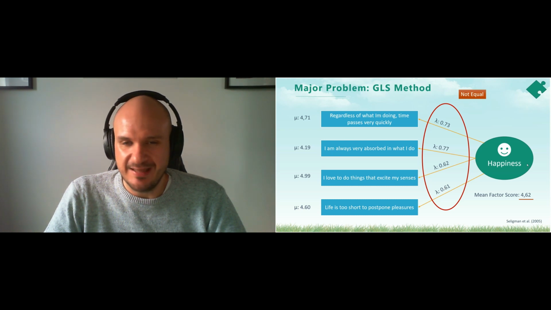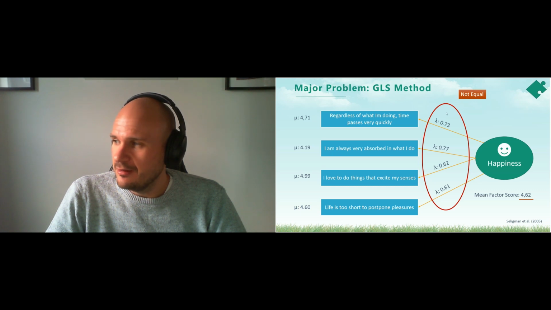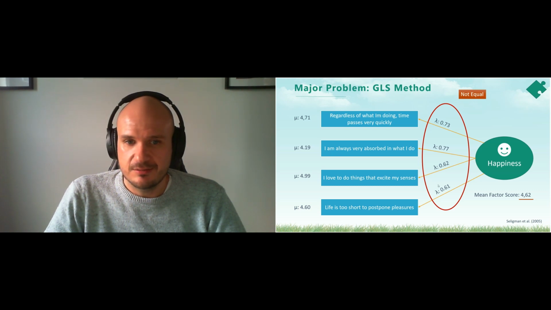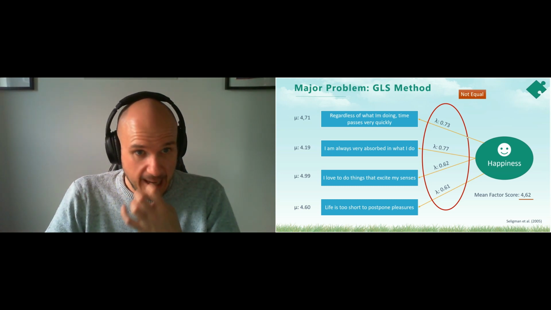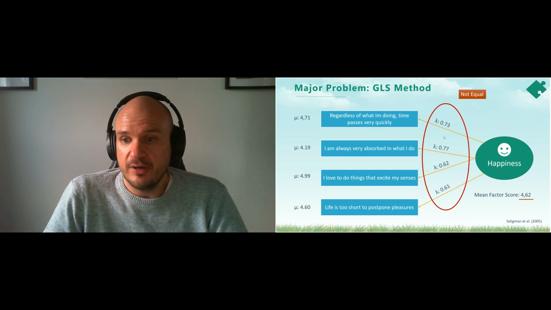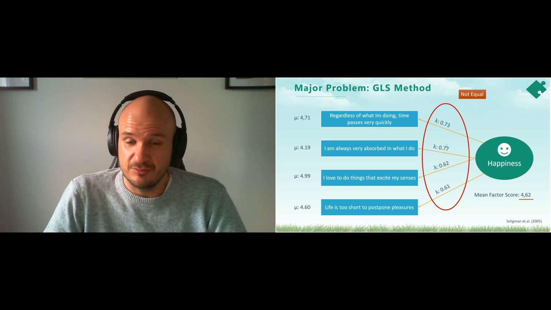And unfortunately, it doesn't. Even though the mean scores would stay the same, the factor loadings are not equal. Therefore, you can't say that this plus this plus this plus this, divided by 4, gives us that factor. We have to take this into consideration, and the ordinary least squares method, unfortunately, does not do that.